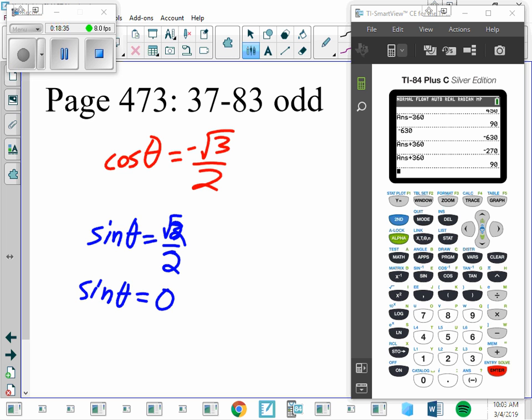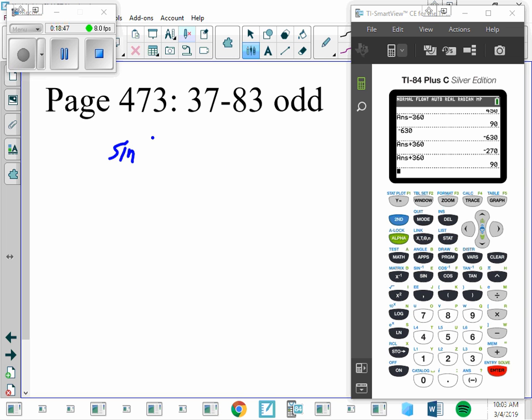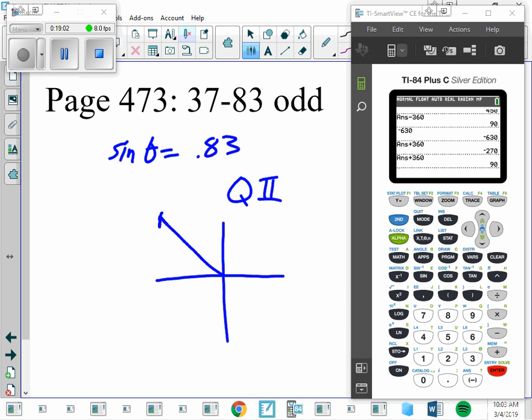All right, and then the last set: find the smallest possible measure of theta if the indicated information is true. What if I know that the sine of theta is 0.83 and I know I'm in quadrant 2? What is the smallest angle that fits that? First I need to find the reference angle. Here is theta, and this is my reference angle.